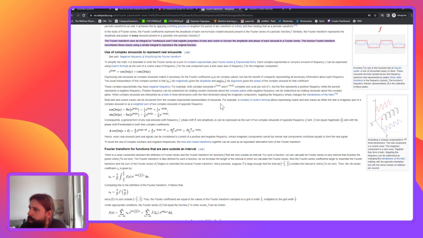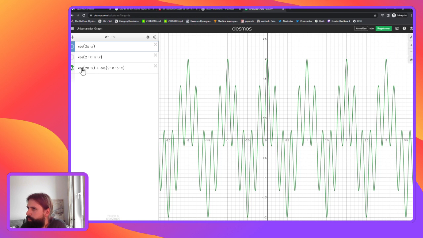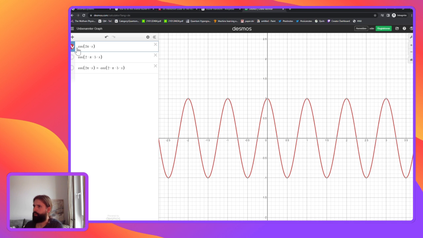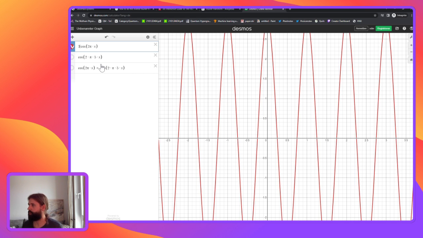But okay, you're trying to find a way, like yeah, of course, and you still have an amplitude, right? So if I just want to say, I don't know, 3 times, right? So that's the amplitude in here.